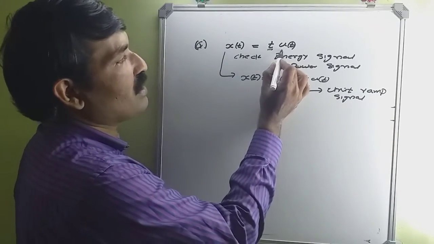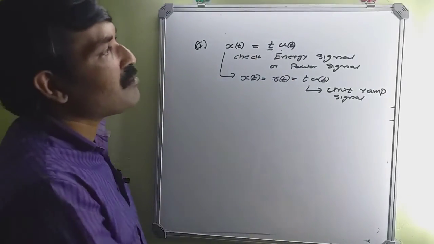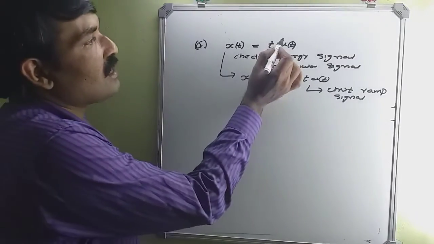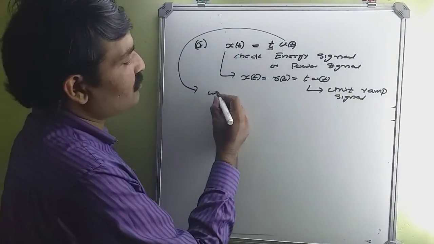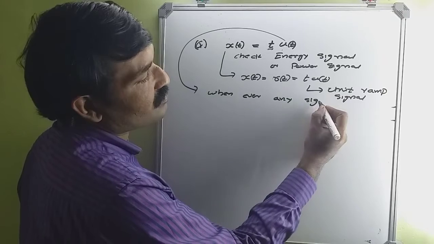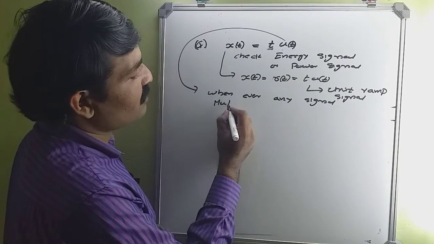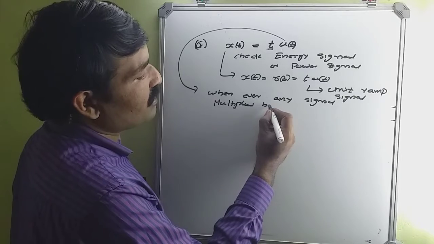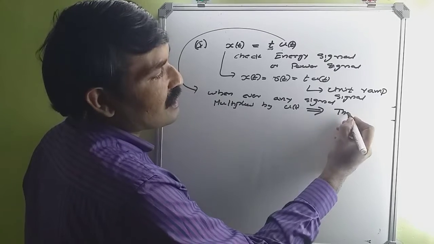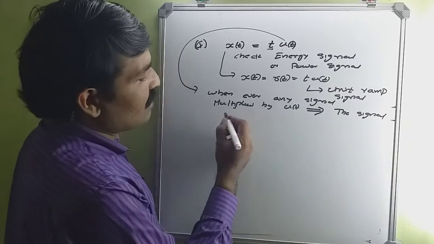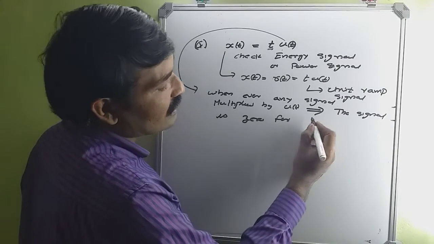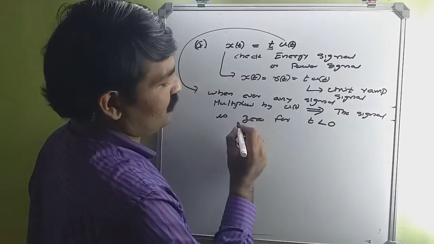What's the importance of u of t? Whenever a signal is multiplied by u of t, that means the signal exists only for t greater than 0. Whenever any signal is multiplied by u of t, that implies the signal is 0 for t less than 0.